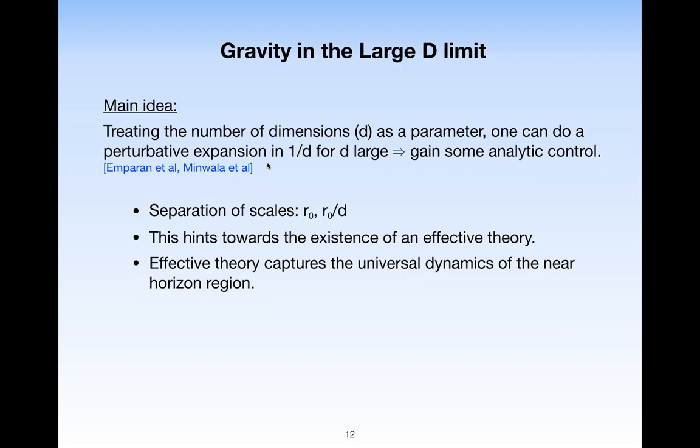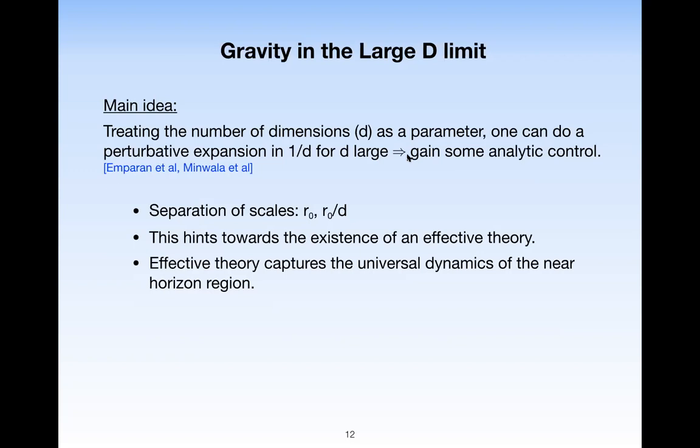And essentially, the main idea is to treat, as I said on the previous slide, D, the number of dimensions, as a parameter, and do perturbation theory in 1/D as D goes to infinity. And it turns out that this is extremely useful when one is dealing with black holes. Essentially, the dynamics simplify tremendously.